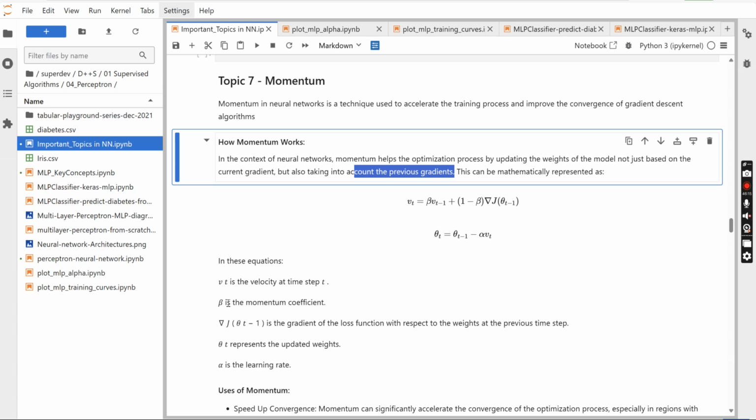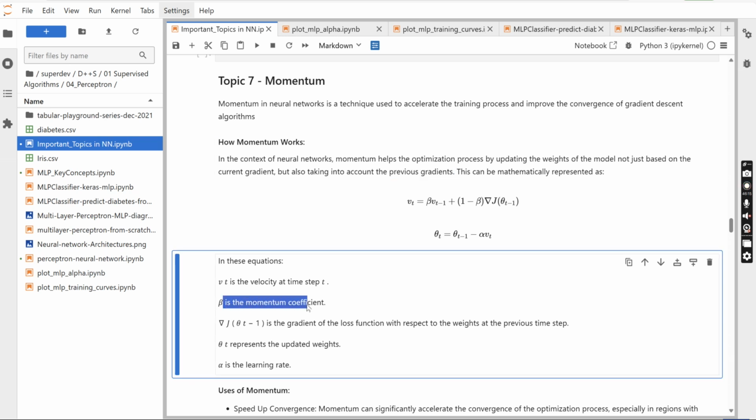We call it the momentum coefficient, beta. You are not only considering the value of the previous step, you are also considering the current step, v t minus 1. You are considering the previous step also, 1 minus beta times the gradient, and this theta t minus 1 is from the previous step.